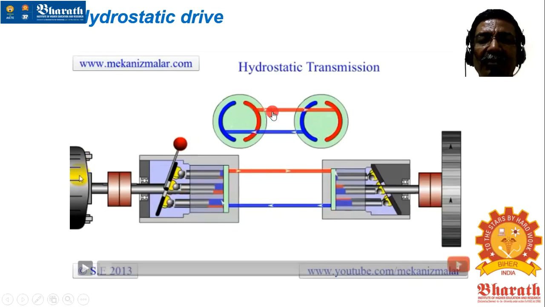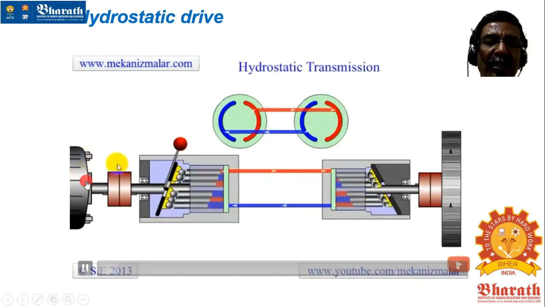So now, as per this diagram, you see that it is circulating in the clockwise direction. That means the swash plate is in the right extreme position, knob is in the right extreme position. So then the input shaft rotates in a clockwise direction. So that is the arrangement. Okay. Now let me play the video.